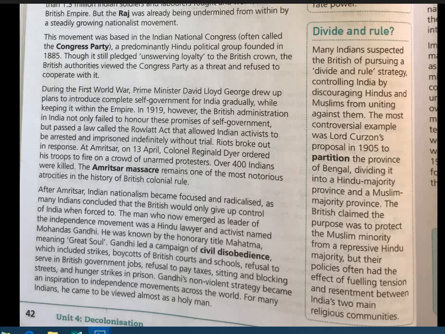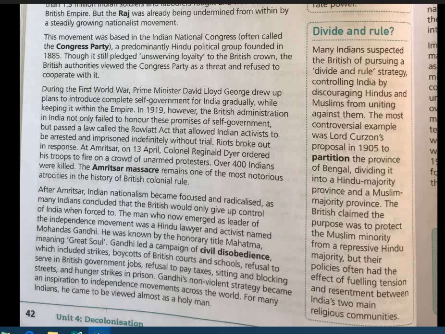Now, the main point you need to understand about this is that the Amritsar massacre meant that the Indians became a lot more focused, and they realised that they weren't going to get full independence like they wanted unless they really fought for it.